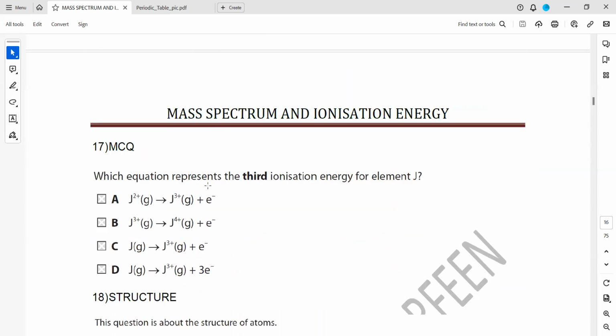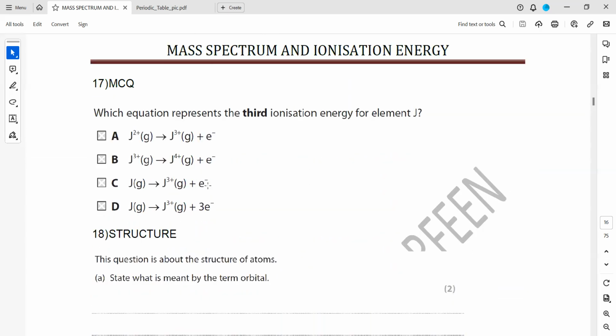Question 17, which equation represents the third ionization? When you check here, 2 electrons are already removed when we are removing the third electron from a gaseous state.